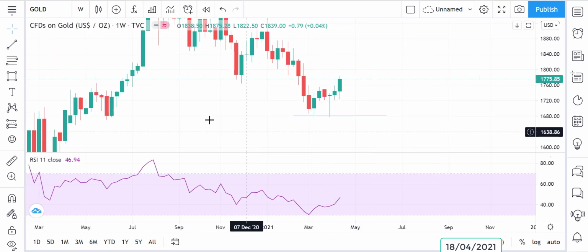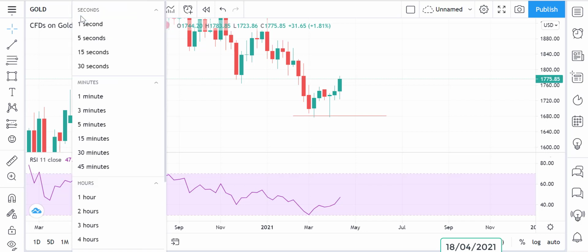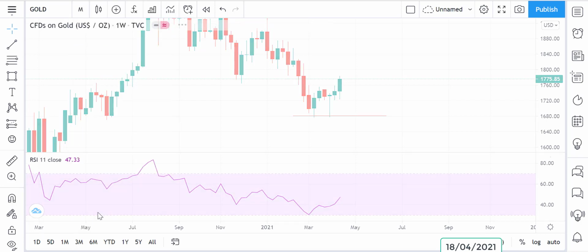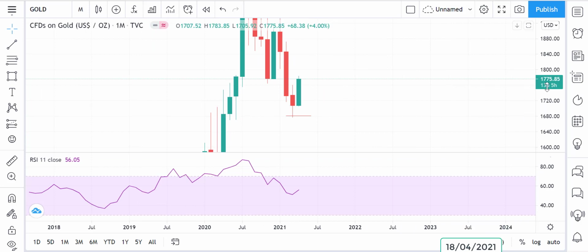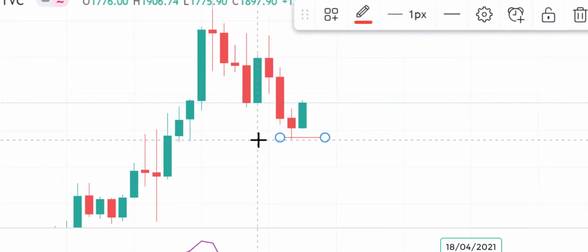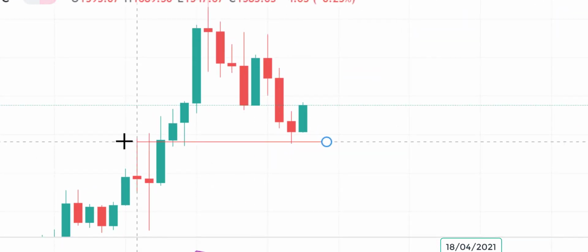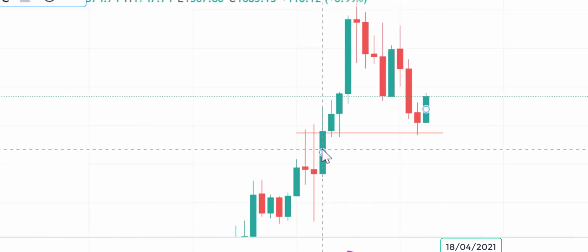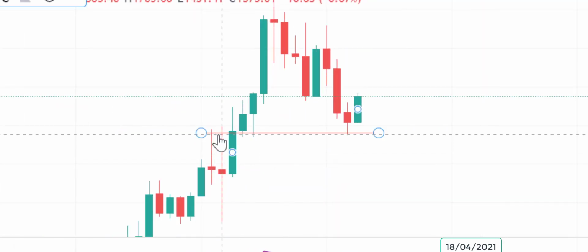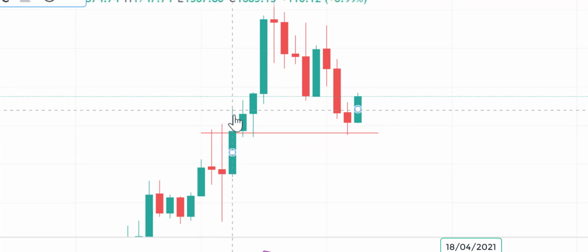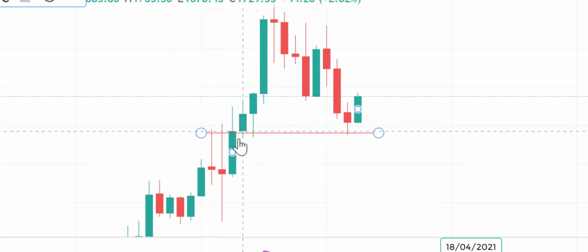So let us confirm if this level has any other significance from a longer time frame point of view. Yes, something I can see is this was a prior rejection level, that means a prior resistance level, then the price broke out and then took support over this area.